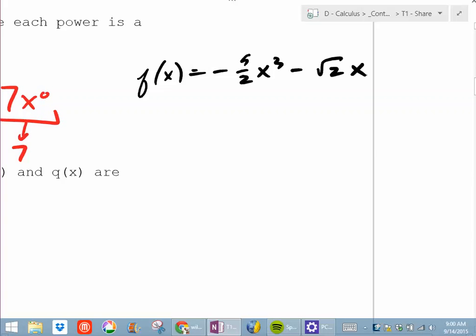Is that a polynomial? It is. Are the powers whole numbers? What are the 2 powers in there? 3 and 1, right. What are the coefficients? Negative 5/2 and negative root 2. That is a polynomial, right?